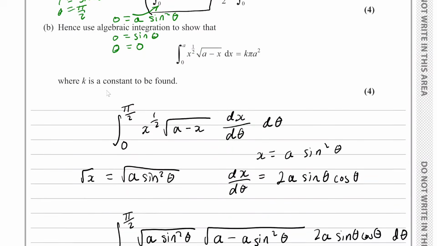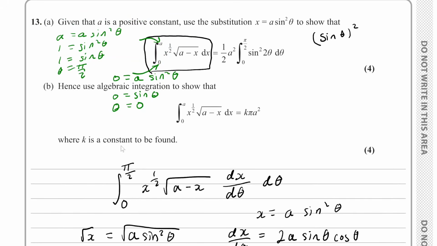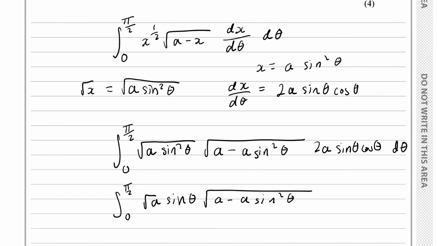So it's not quite how we want it just yet. So let's change square root of a sine squared theta. Let's square root them both separately. So we have root a and then sine theta. Not sure what to do with this second square root. Going to leave that for now.